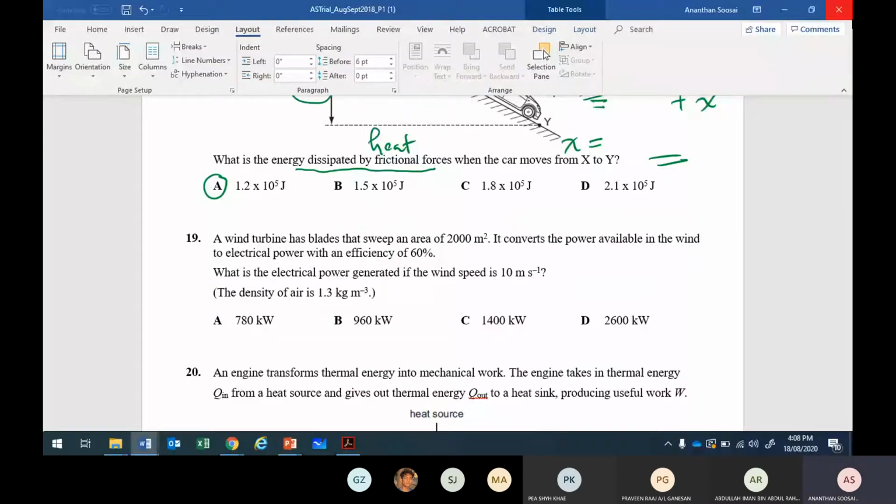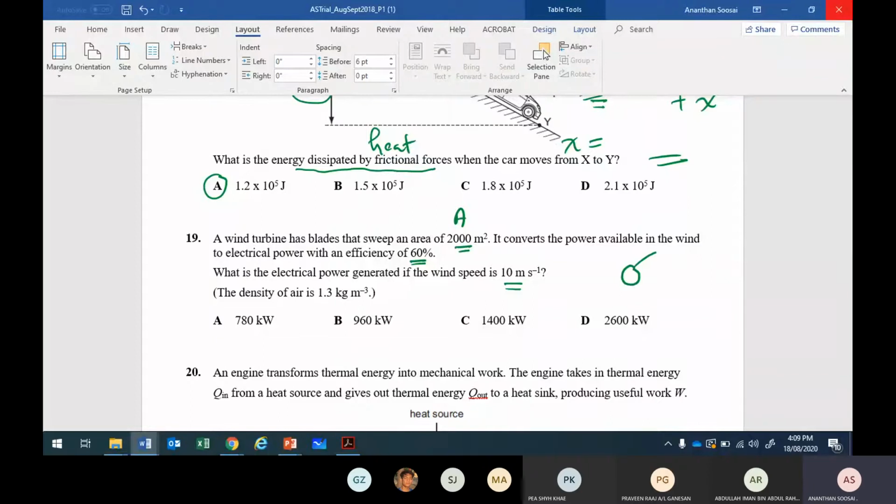This is also work. A wind turbine has a blade that sweeps the area of this. It's your area. It converts the power available in the wind to electrical power with an efficiency of 60%. What is the electrical power generated if the wind speed is 10 meters per second?